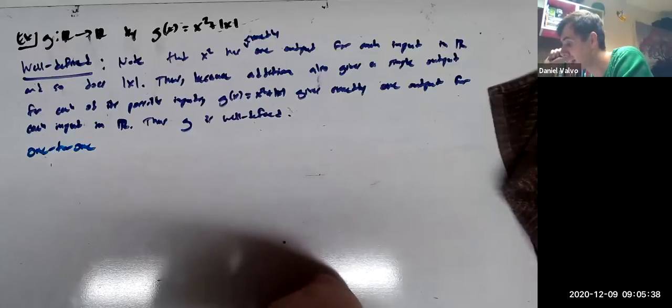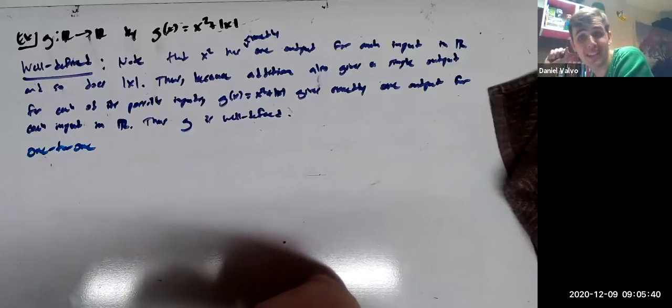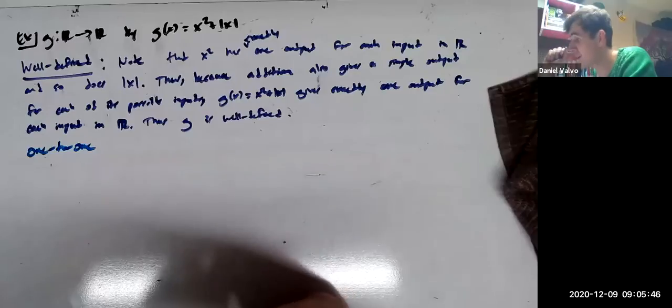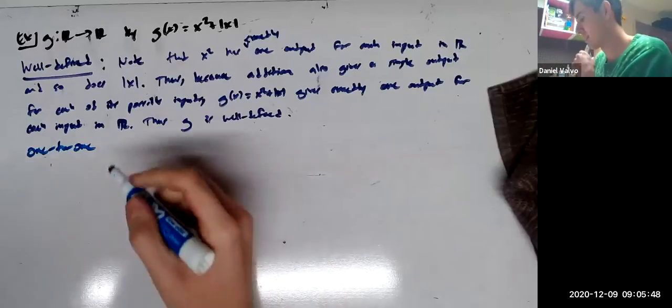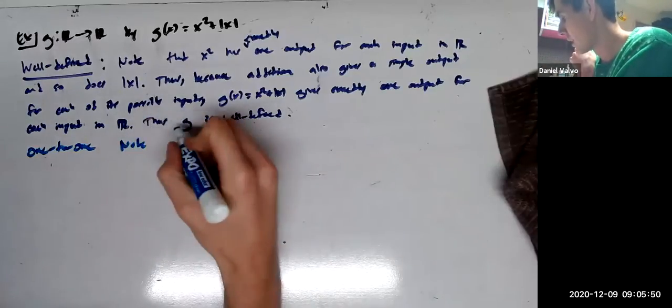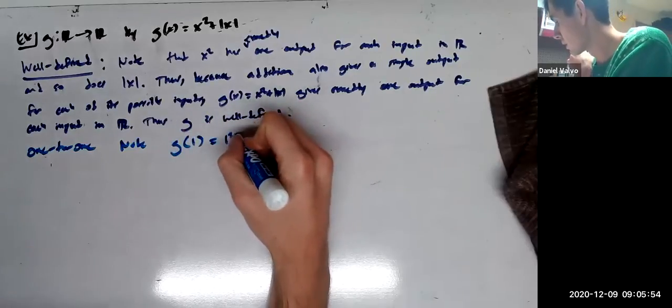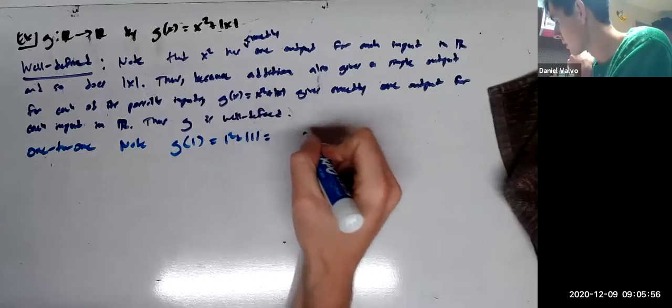If you look at it, g of x equals x squared plus the absolute value of x. Why is that important? That's important because notice that g of 1 will equal 1 squared plus 1.